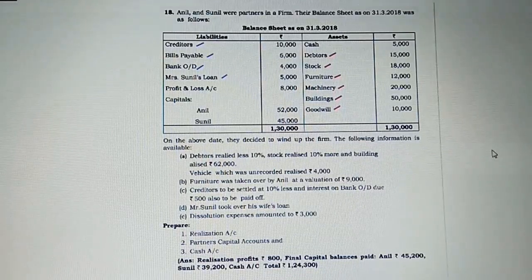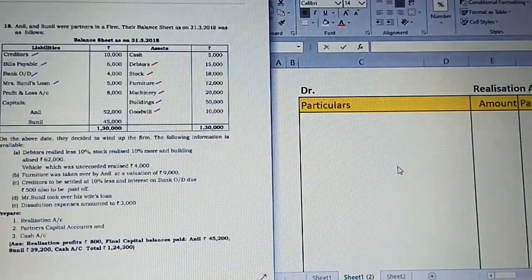Then let us see the adjustments now. Adjustments are something that is going to be taken up by us, which is quite new, which we have not come across so far. So let us just start by doing the realization account. As we do, it's better to explain, so it's easy for you to understand even more clearly.